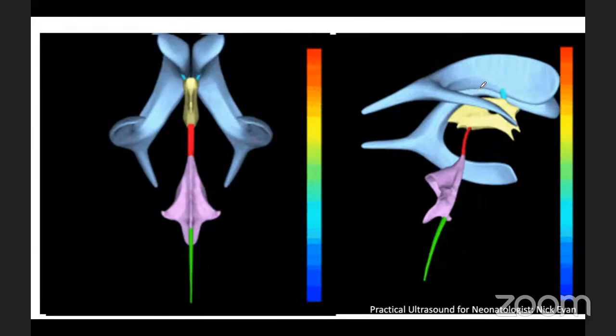This is a lateral view: these are the frontal horns, these are the temporal horns, and this is the occipital horn of the lateral ventricle on both sides. The third ventricle will look like this. Here, you can appreciate the foramen of Monro. Then this is the aqueduct of Sylvius, the fourth ventricle, and finally the spinal cord.